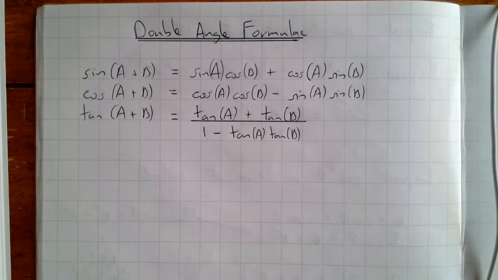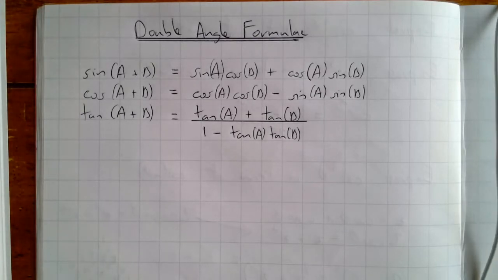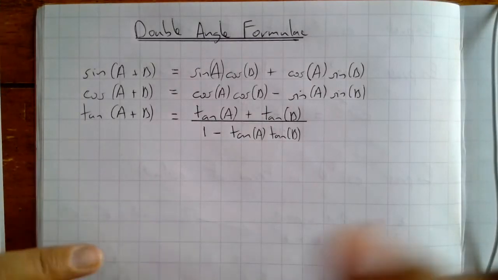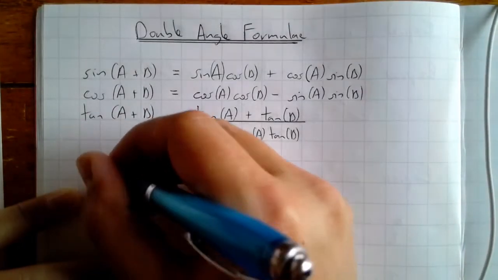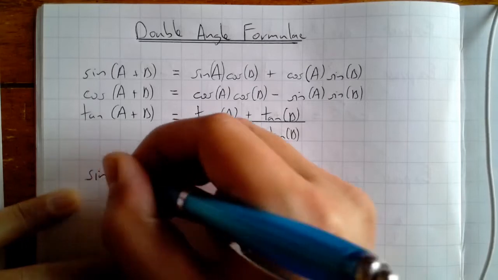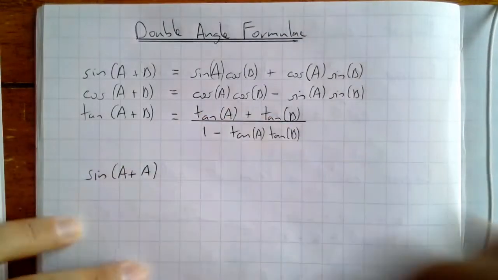Okay, so hopefully you've got all of these down. What we want to do today is say to ourselves, instead of adding some angle A to a different angle B, what about if I added the same angle to itself? So how about sine of A plus A?